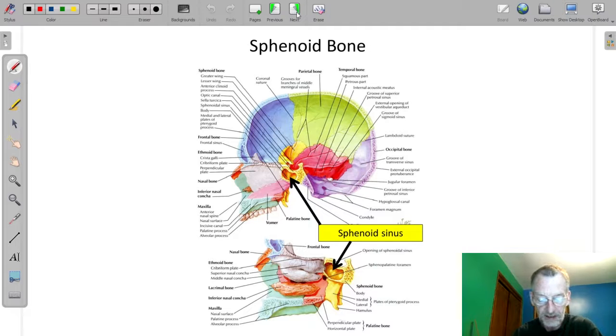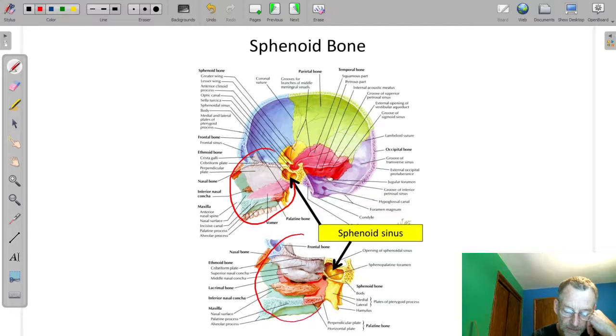So, pointing out the sphenoid sinus again. This illustration, you should spend a little bit of time getting used to. We're going to look at it more when we talk about facial bones.